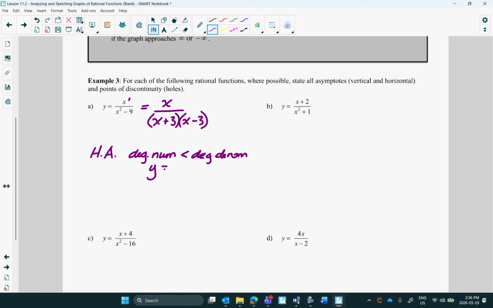Y equals 0. Okay, so to get the horizontal, you don't need to look at the factoring. Vertical, you have to look at the factoring. Can I cancel out any of the expressions? Nope. So they're all vertical asymptotes at x equals 3 and -3, and that's it. We're done.